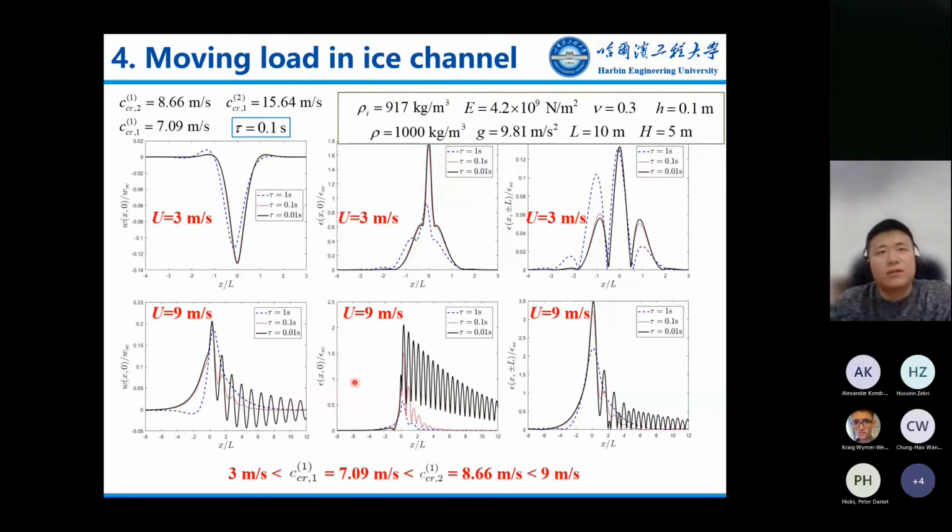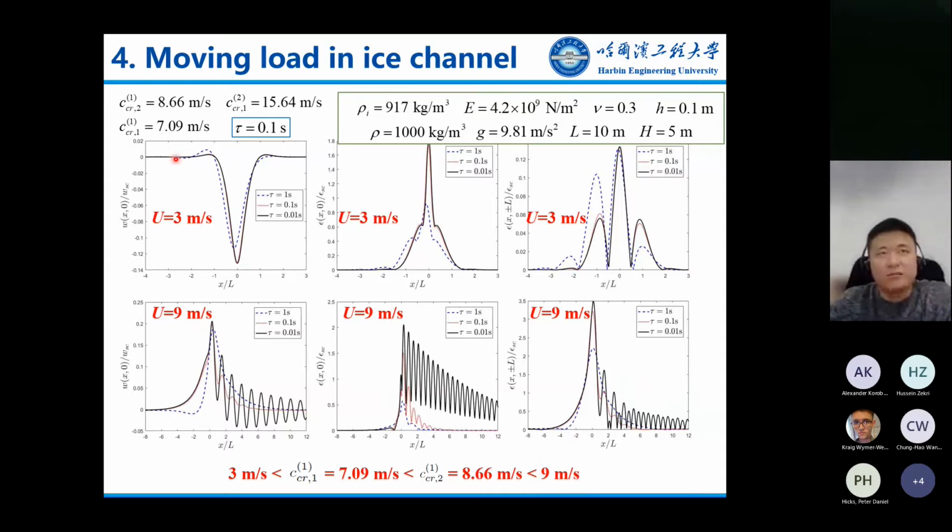Here we present the ice deflection and strain distribution along the center of the channel and along the channel walls for two load speeds. One is 3 meters per second and one is 9 meters per second. The 3 meters per second speed is smaller than the first critical speed, and 9 meters per second is larger than the critical speed for long waves.